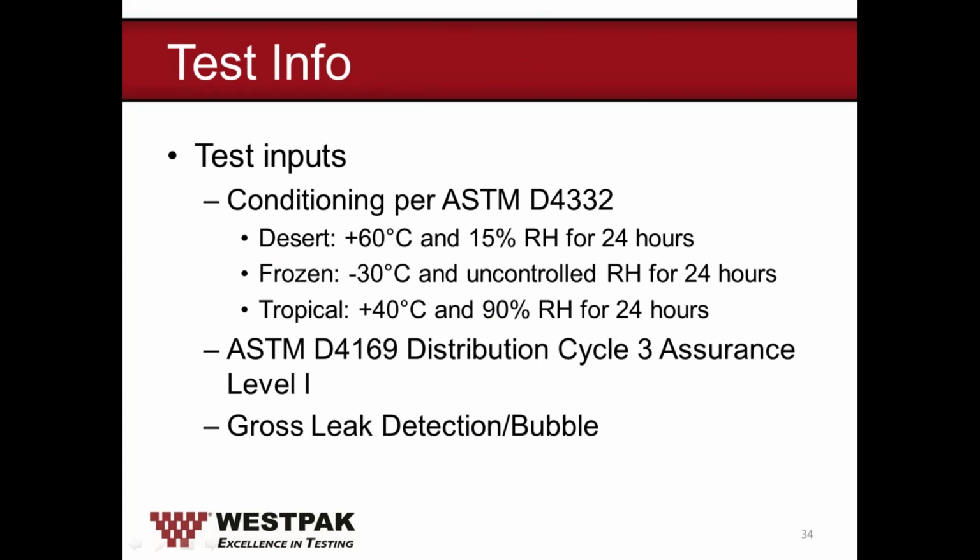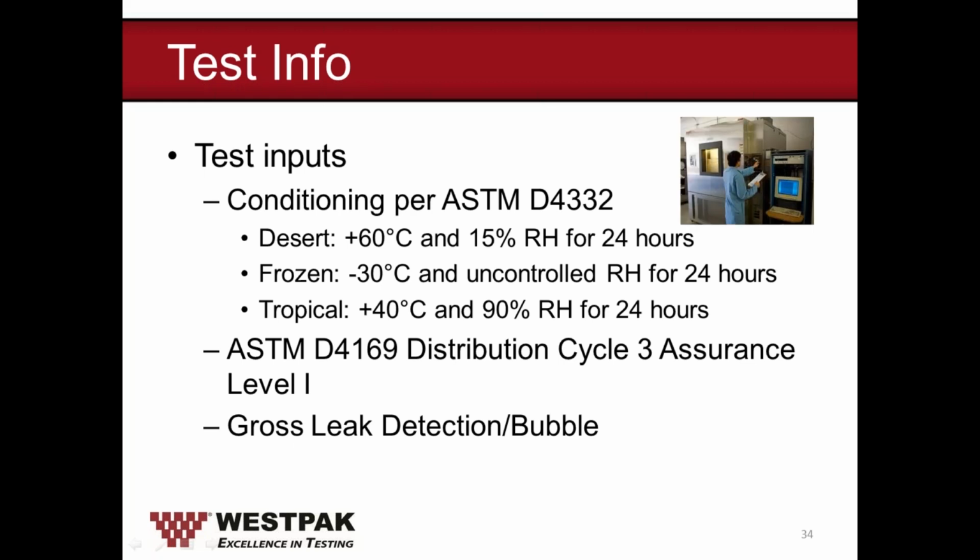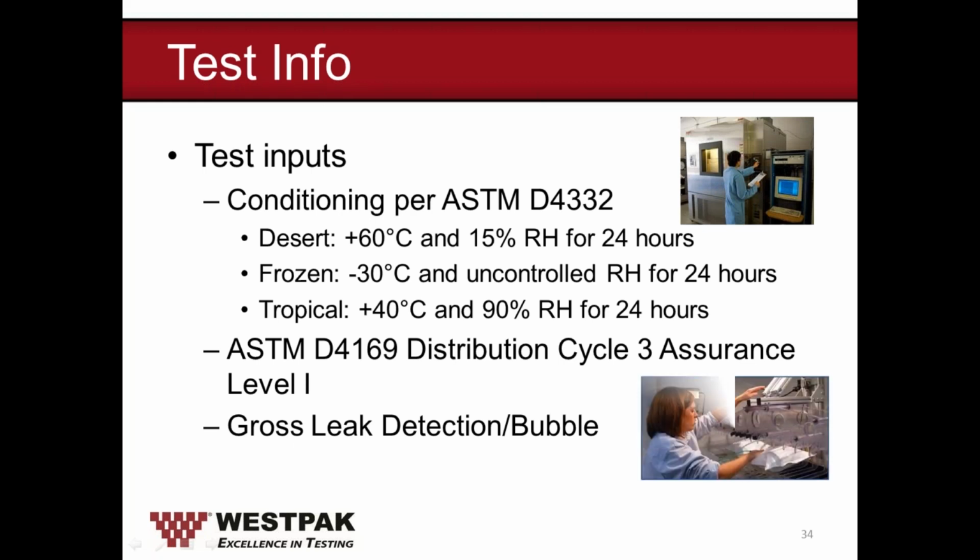Testing information. Same thing as I mentioned before. He did conditioning per ASTM D4332 using desert, frozen, and tropical with 24 hours each for the dwell, followed by ASTM D4169 distribution cycle 3 at assurance level 1. Now he added gross leak detection, also known as bubble testing, to ensure that his product remains sterile.